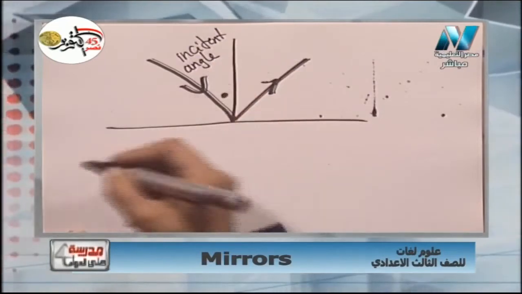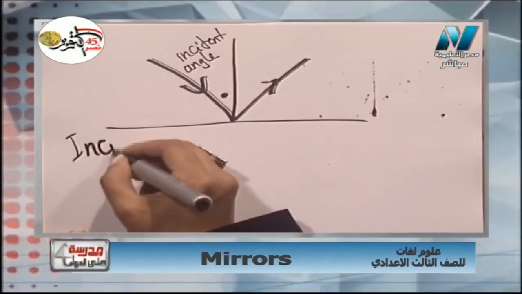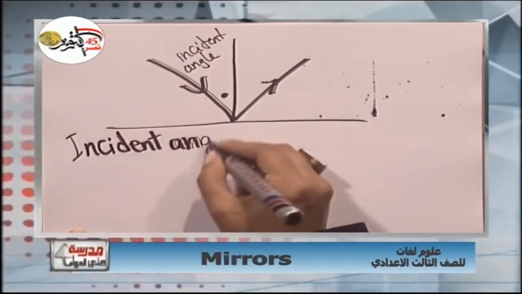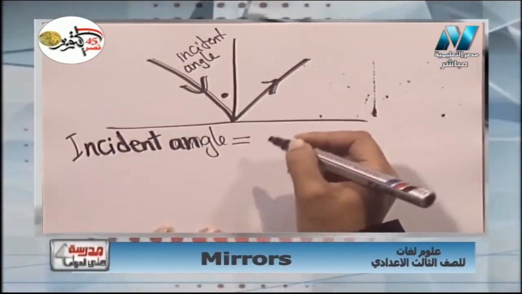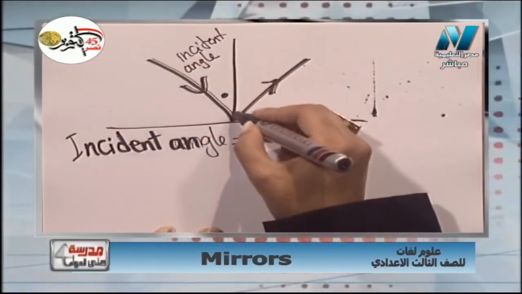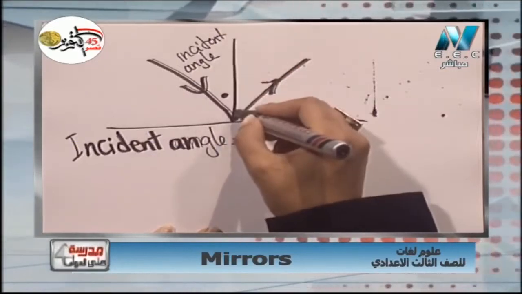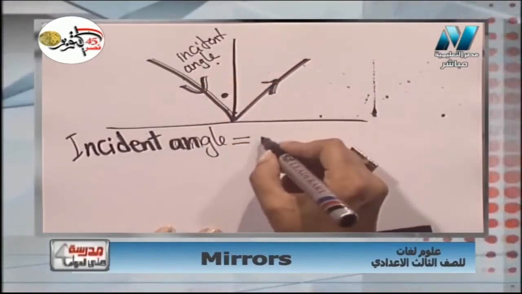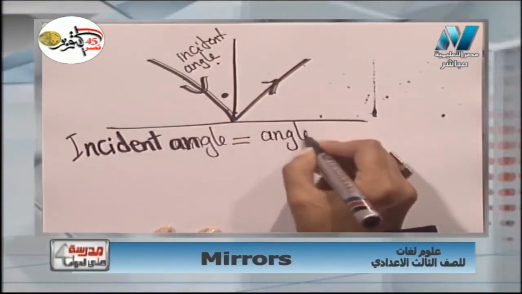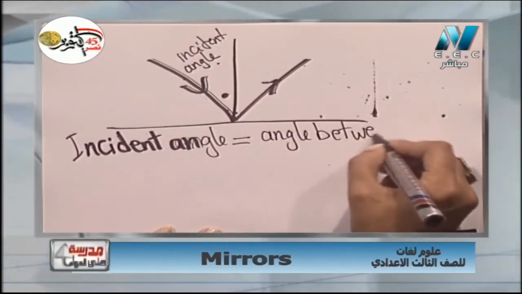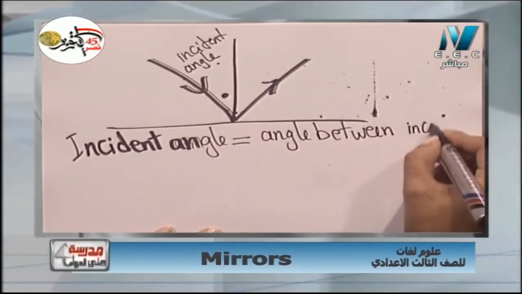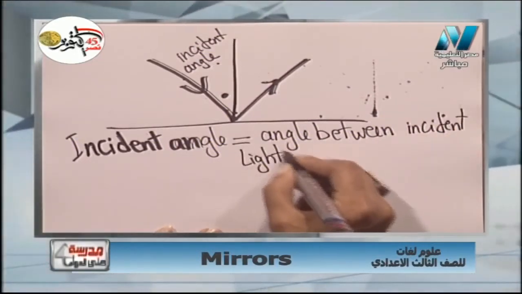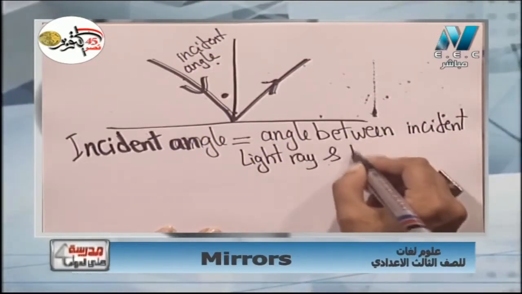What's meant by incident angle? It's the angle between this ray, we call it the incident ray, and the normal. So the name of the angle is similar to the name of the ray. So it is the angle between the incident light ray and the normal.